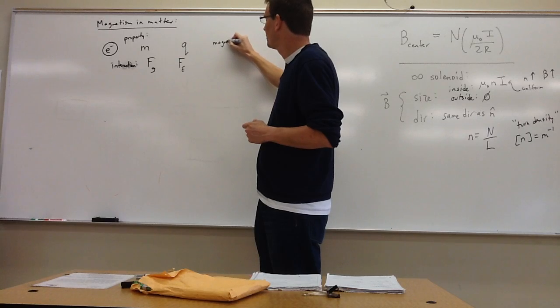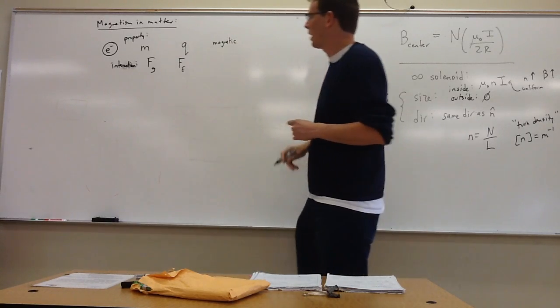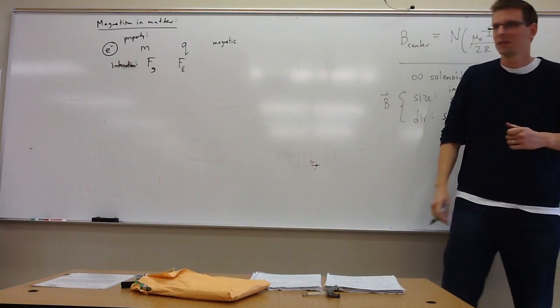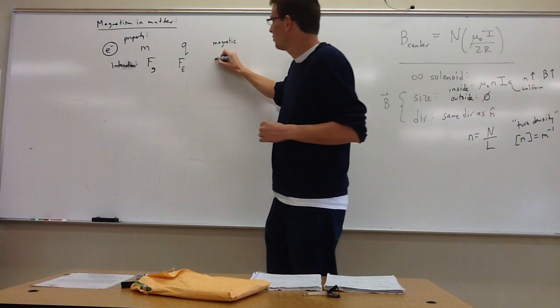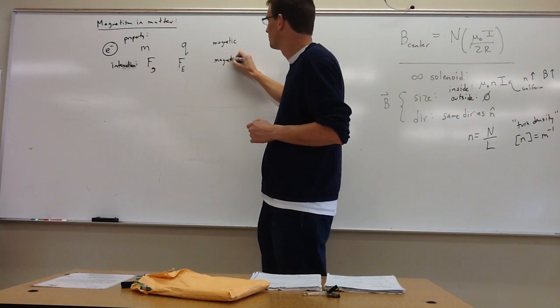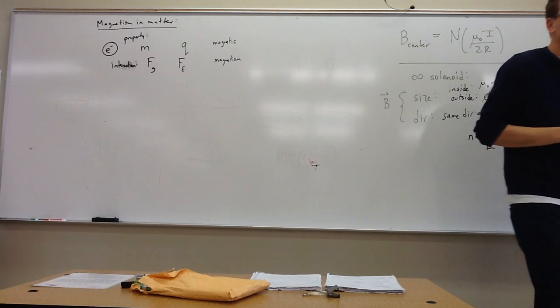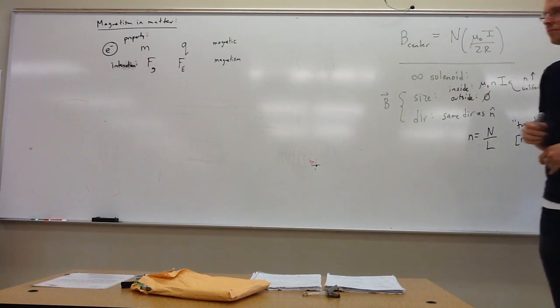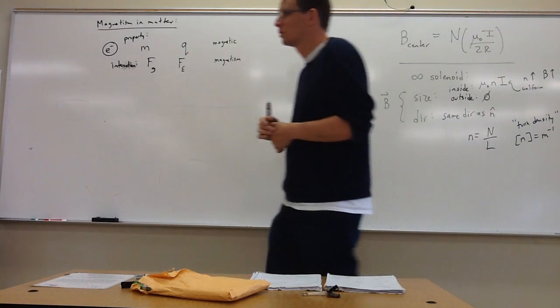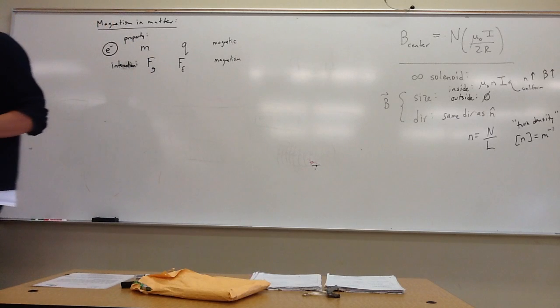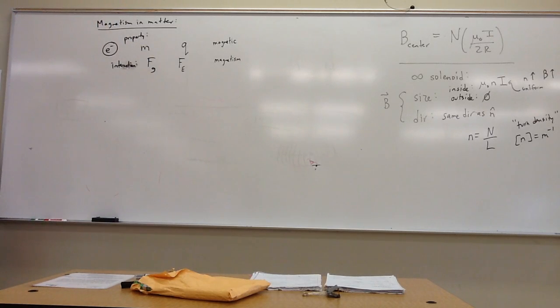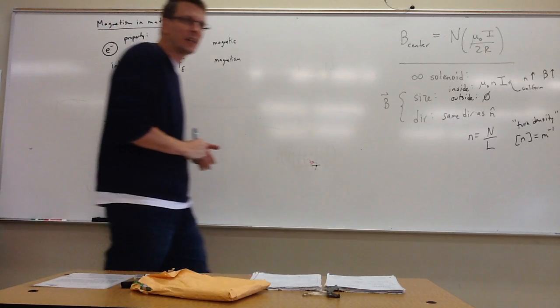I'm not going to tell you how it's defined, but there's a magnetic property of an electron, and that, of course, enters into magnetism. So an electron is like a tiny magnet in and of itself. Okay? And that will lead to magnetic effects.